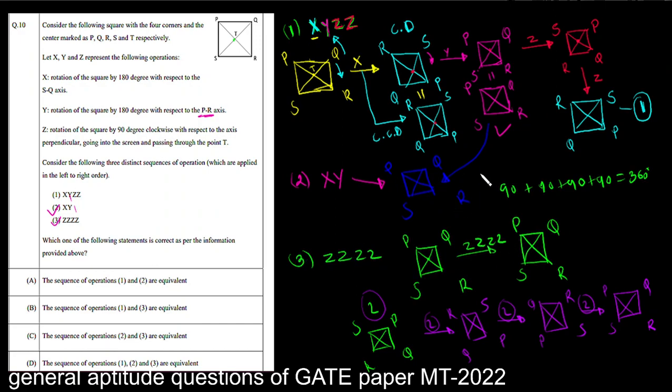Now look at the options. This is the result of the second sequence, so we can mark it as 2, and this green one, the last one, is the result of our third sequence. Now observe the results of the three sequences.